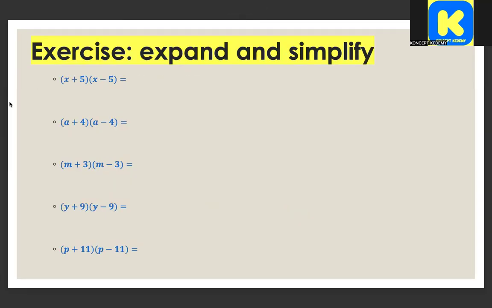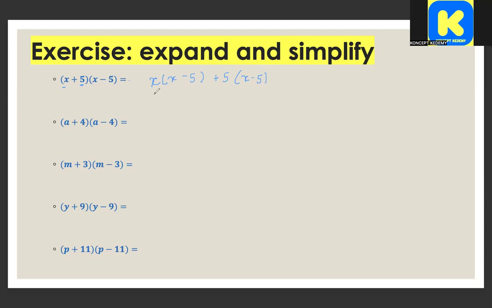Okay, now see the first question. We need to expand and simplify. So x plus 5 and x minus 5, we need to multiply. So x into the whole bracket, the second one, x minus 5, and now plus 5 into x minus 5.